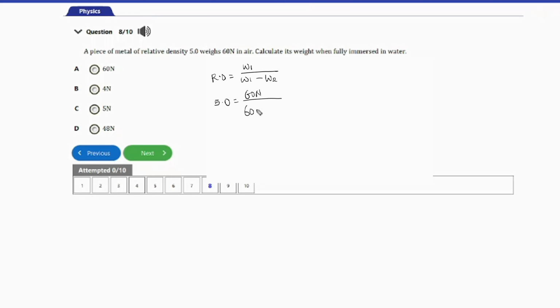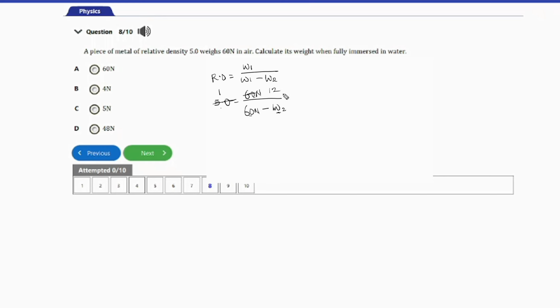So we are going to substitute all these. So 5.0 is equal to 60 over 60 minus W2. So here we can just cancel out the 5 and the 60. So 5 here is 1, 5 into 60, that's 12.